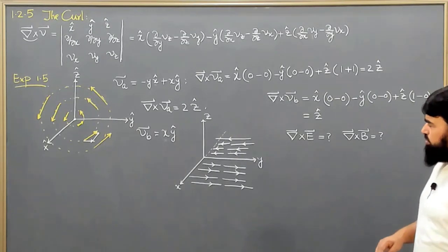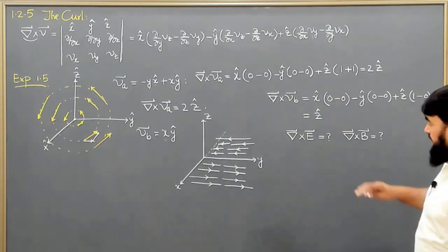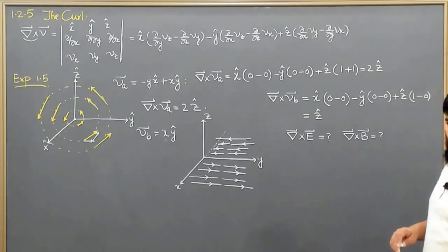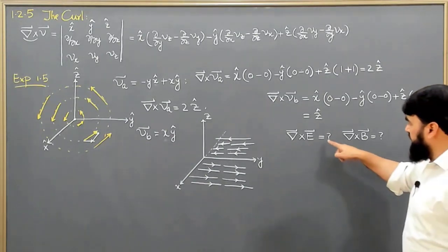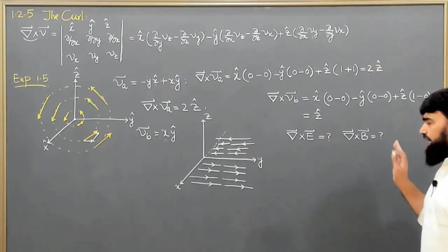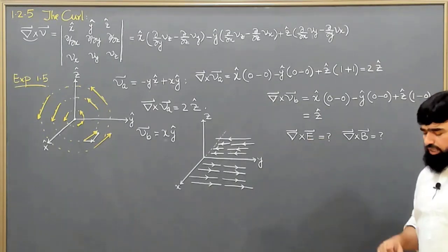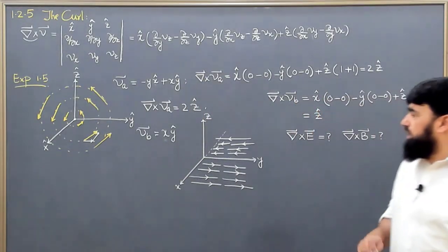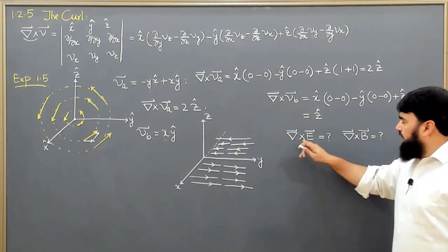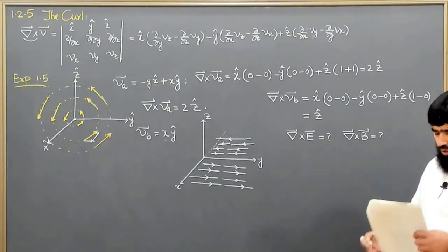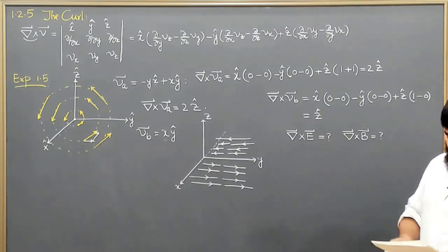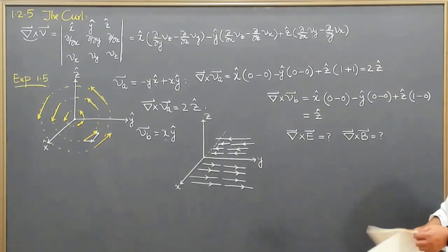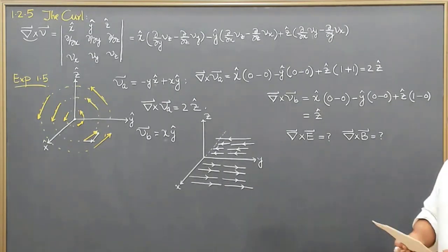The charge will not be static. These are not electrostatics. Otherwise we will have some other equations, like del cross E will then be equal to 0. At the moment I'm not going to discuss del cross E or del cross B, but I am giving you the importance of this curl, to understand it in order to interpret or write our equations clearly, and explain most of the electrodynamics.